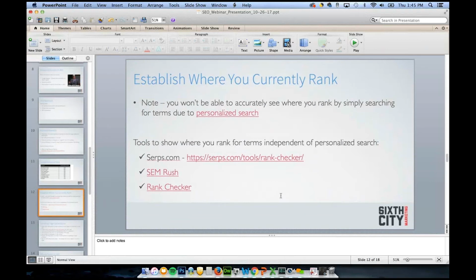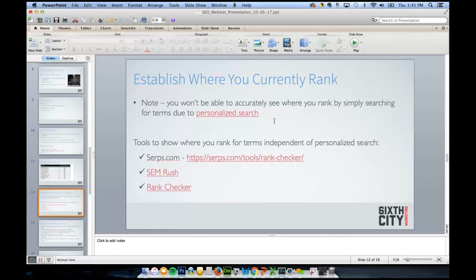We talked about ranking in that previous screen, and when I talk to people about where they rank in search, it's often that they try to identify where they rank organically or naturally by just doing a Google search. And you guys are smarter from this point on, because when you do a search, Google and the other search engines are personalizing what you see in the search engine listings.